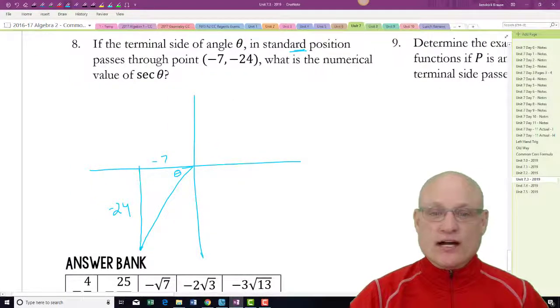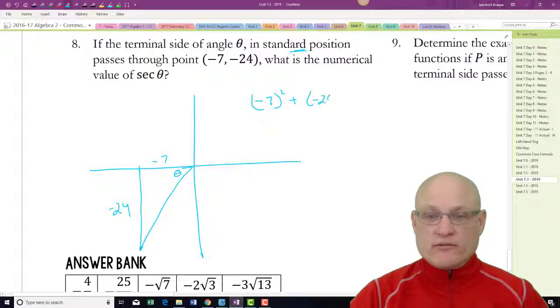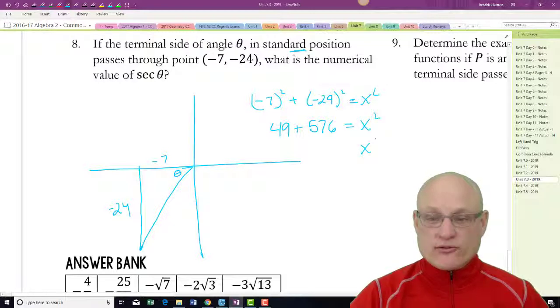All right, so we've got negative 7 squared plus negative 24 squared equals x squared. Do you know what this one is yet? This is 49 plus 576 is equal to x squared. So x squared is equal to 625. So x is equal to 25.